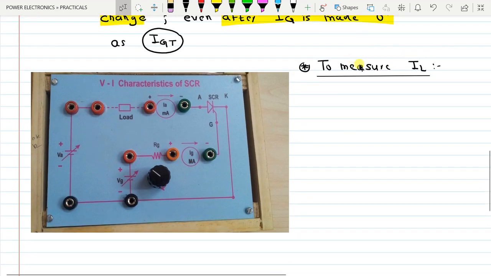So here, our first step is to make V in equal to 0. Okay, so V in is made 0.